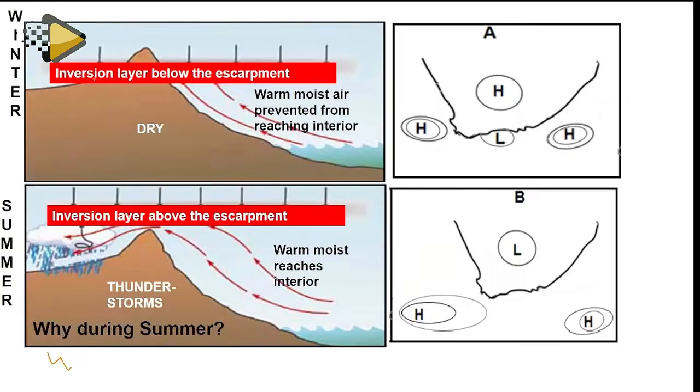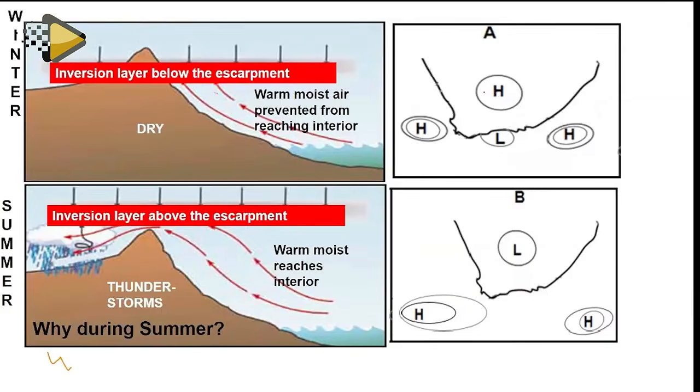So during winter, what is happening? The inversion layer is below the escarpment, and therefore warm moist air cannot reach the interior, and therefore it results in dry conditions. Because of this condition, it is winter, which means the temperatures in the interior are low.